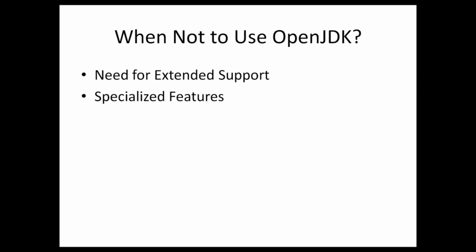We may need extended support, because if your organization needs LTS for a specific Java version, we might prefer commercial support distributions like Oracle JDK, Amazon Corretto, or Azul Zulu. Also, some proprietary distributions of Java offer additional features, tools, or optimizations that may not be available in OpenJDK.